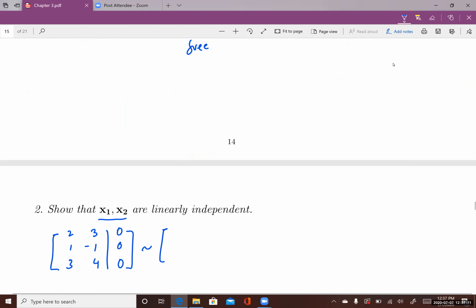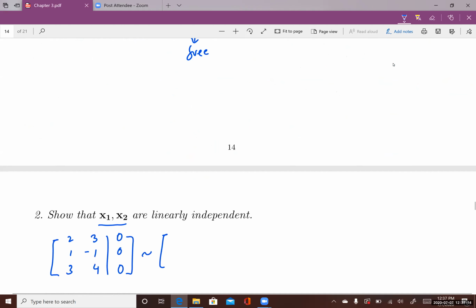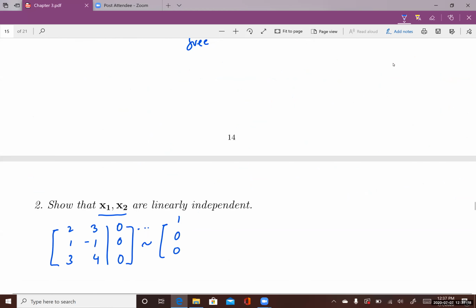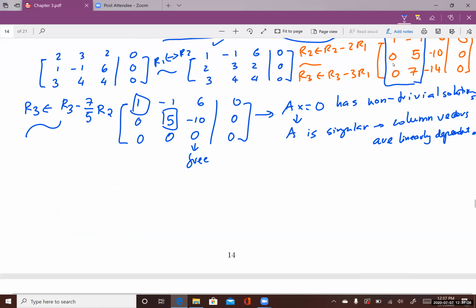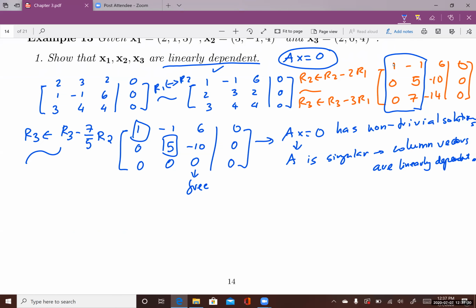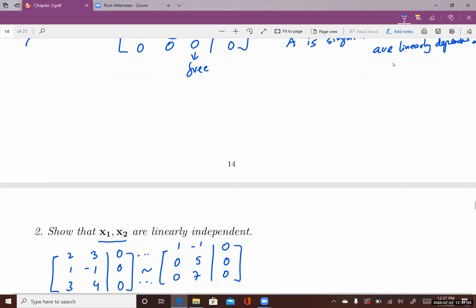So I would have 1, 0, 0. I have -1, 5, 7. And I augment it with 0.